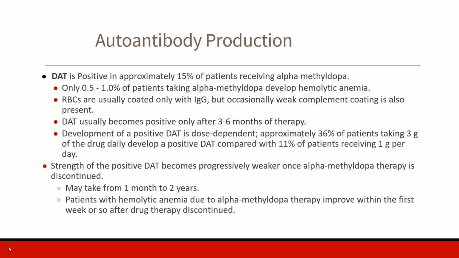Patients with hemolytic anemia due to alpha-methyldopa therapy improve within the first week or so after the drug therapy is discontinued. And we had a patient whose problem this was. We were thinking it's a warm auto, but once we got the history and discovered he was taking alpha-methyldopa, we were able to assist the doctor in coming to the correct diagnosis for this immune reaction.